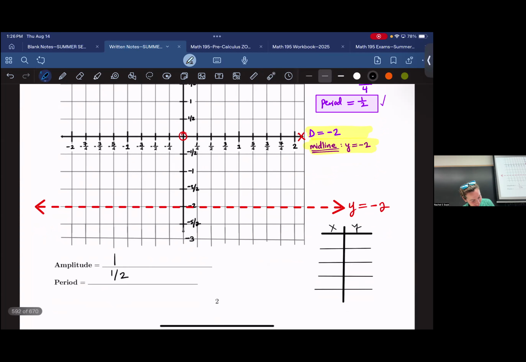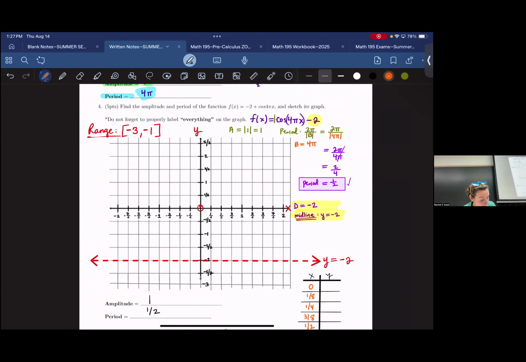So we have 0, 1/8, 1/4, 3/8, and then 1/2. And then from there, you'll be able to figure out new points. And if we have to add more, we can always add more.